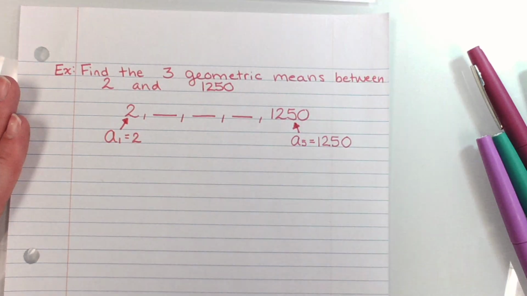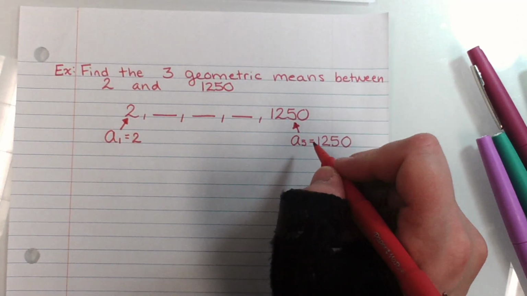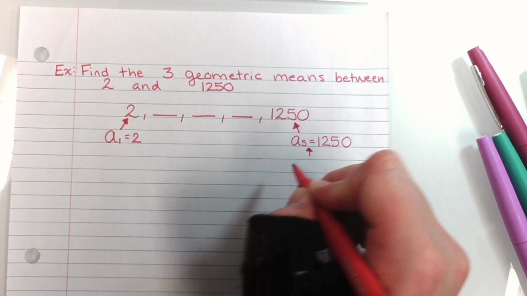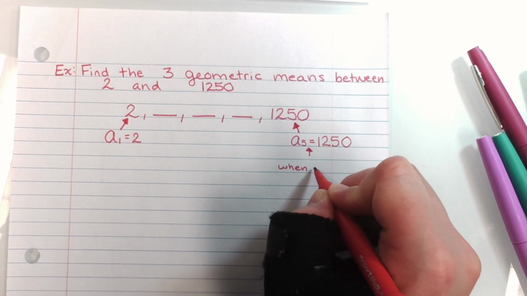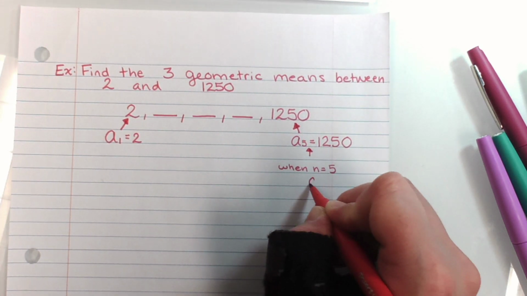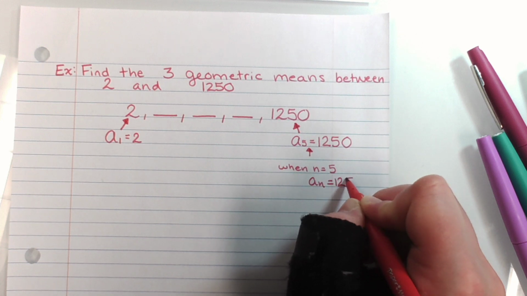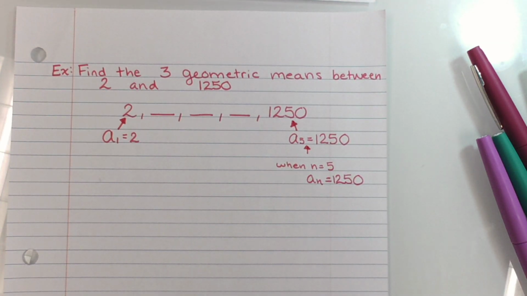So we're calling a sub 5 1250. Now you have to remember, when we write this, that means that when n is equal to 5, a sub n is equal to 1250. We need to know that notation.